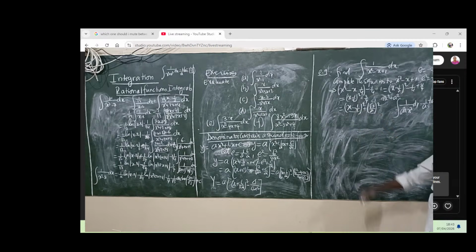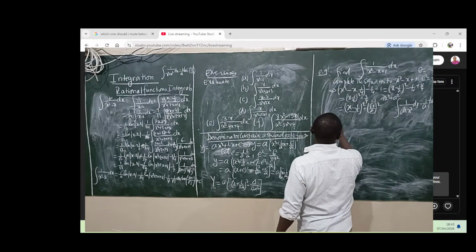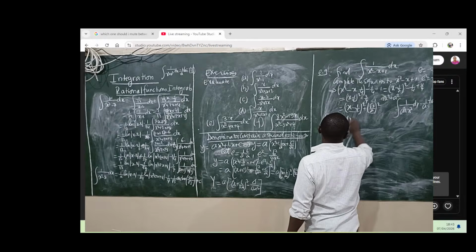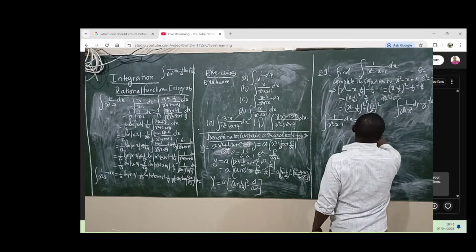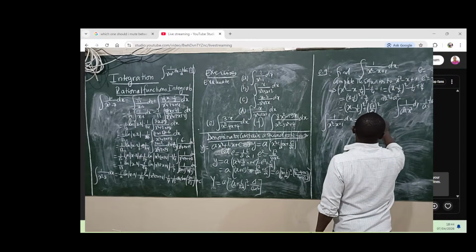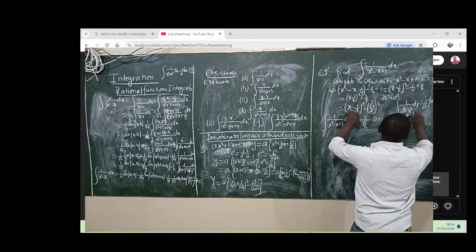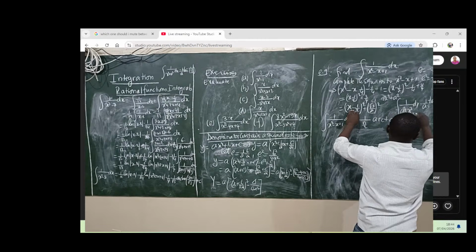The integral is therefore the integral of 1 over x squared minus x plus 1 dx is equal to 1 over a, which is root 3 over 2, times arctangent of x, which stands for x minus 1 over 2, divided by a, and our a is root 3 over 2, plus c.